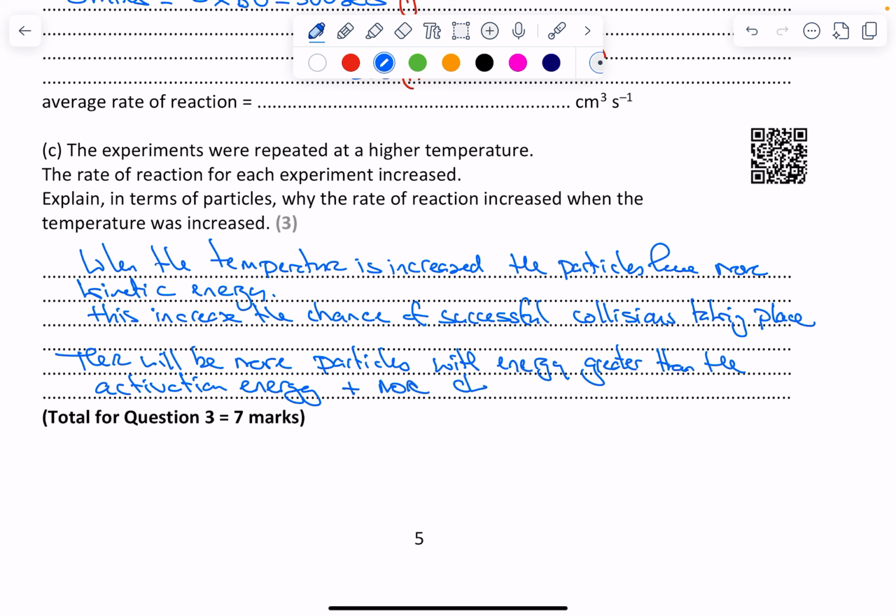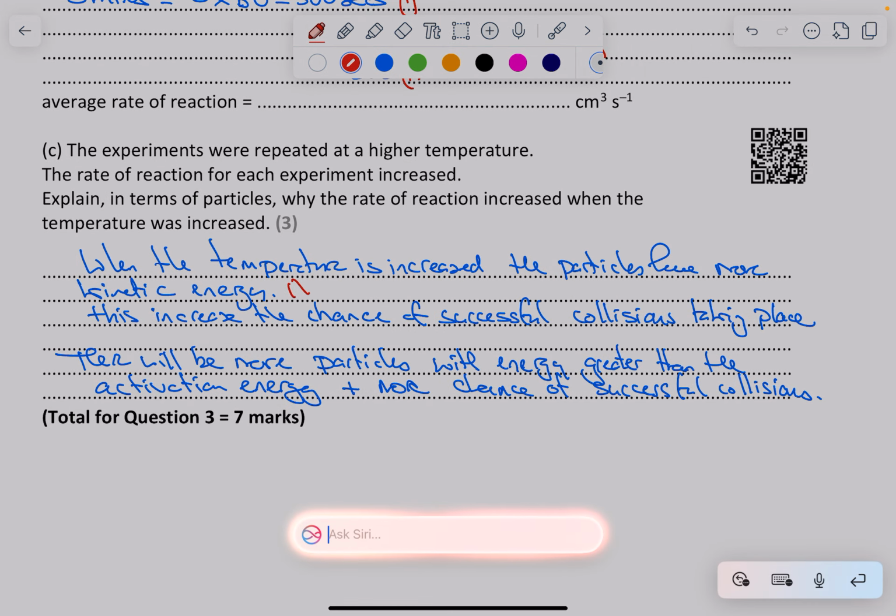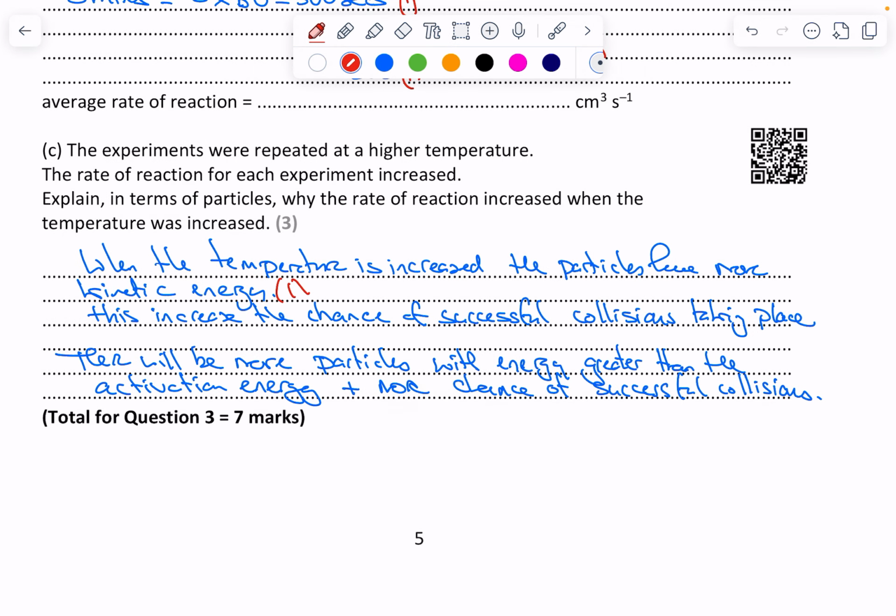And that will mean again more chance of successful collisions. 3 marks. So when temperature increases, particles have more energy, and therefore there is going to be more chance of those successful collisions, and the energy greater than activation energy is the 3rd mark in that piece.